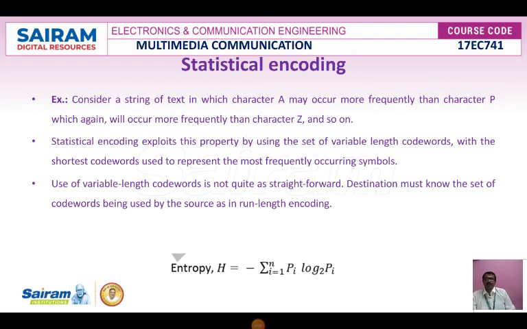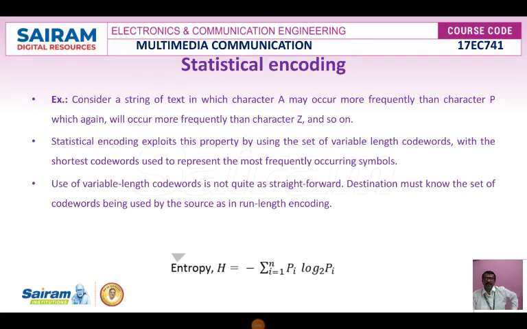Code word sets that avoid this have the prefix property, and an example of an encoding scheme which generates code words with this property is the Huffman algorithm.